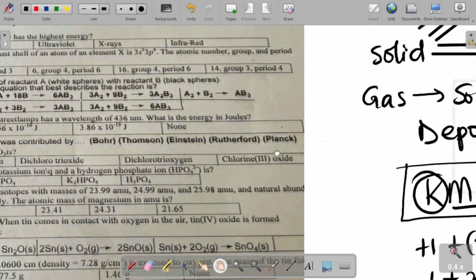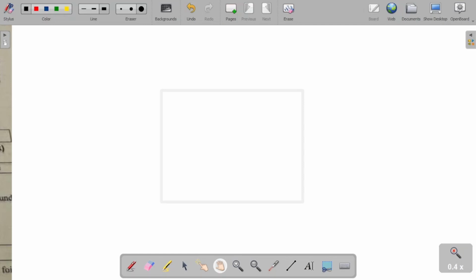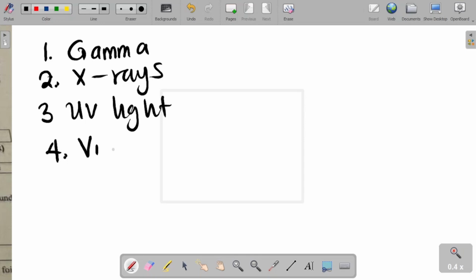Now let's note this. In the electromagnetic waves, we have the following. Number 1, gamma rays. Number 2, we have X-rays. Number 3, we have UV lights. Number 4, we have visible lights. Number 5, we have infrared.